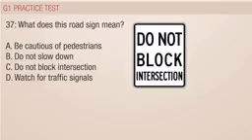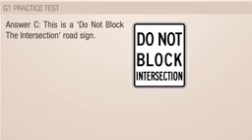What does this road sign mean? A. Be cautious of pedestrians. B. Do not slow down. C. Do not block intersection. D. Watch for traffic signals. Answer C. This is a do not block the intersection road sign.